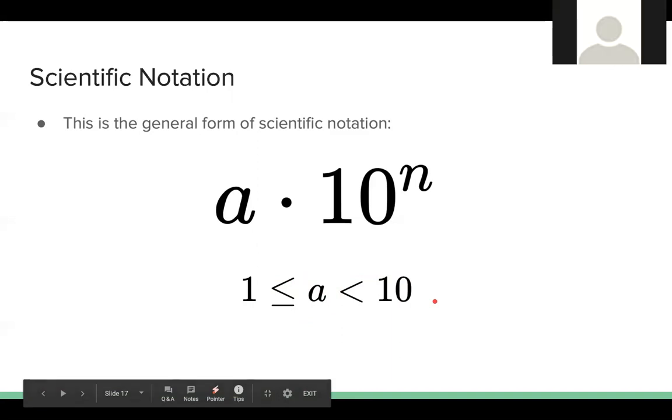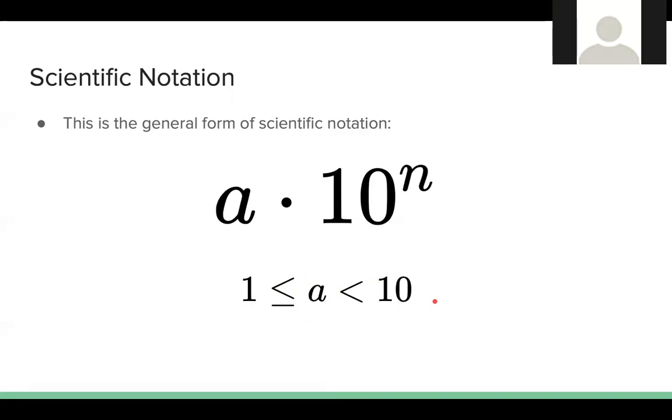It could be anything under 10, like 2 or 3. Yeah, that's right. So 237 would go to 2.37 because that's in between 1 and 10. It can't be 23.7 because that's bigger than 10, for example. And so then you have to figure out how many tens you took away to get it to 2.37.